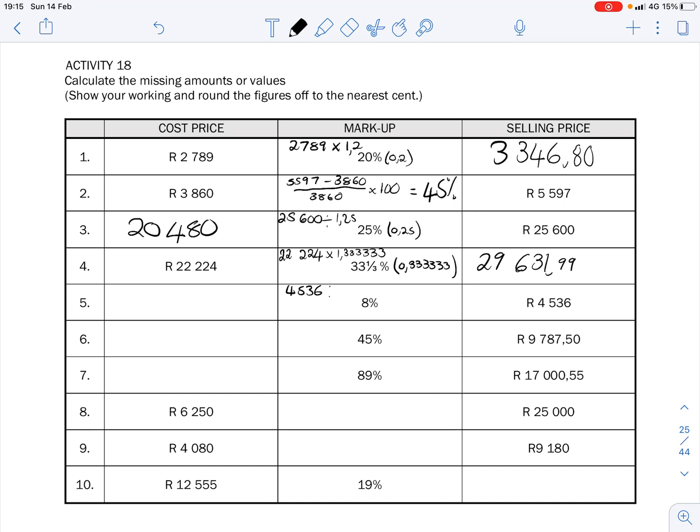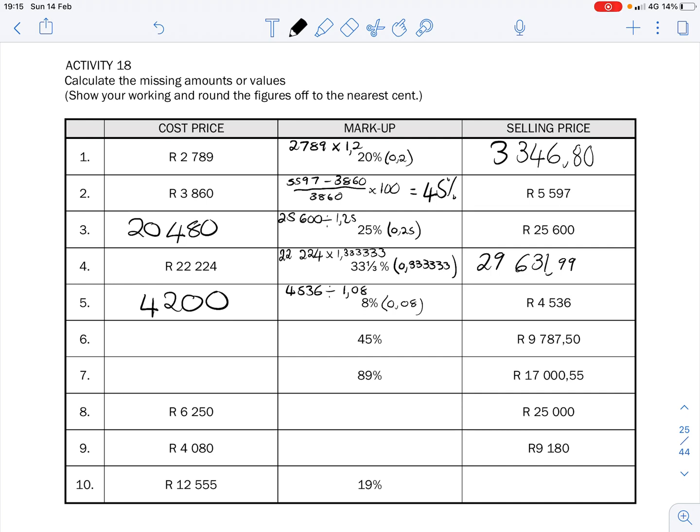Okay. The next one, we go 4536, and we're going from selling price to cost price by 1.08. 4536 divided by 1.08 should give us a cost price of 4,200.